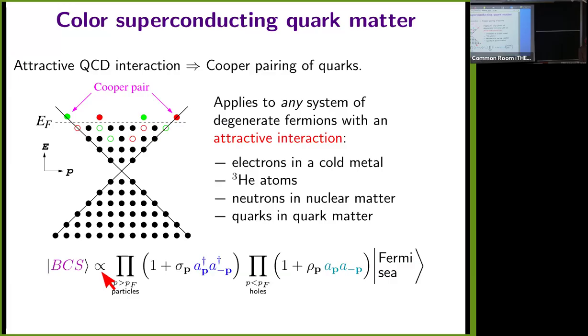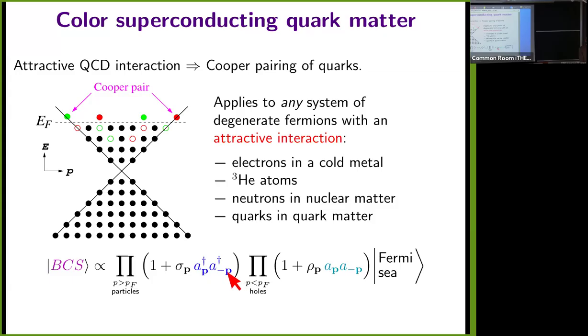And so, as I discussed last time, you get a BCS state, which is the favored state thanks to the attractive interaction, where in each momentum mode above the Fermi surface, you have some amplitude to make a Cooper pair of quarks with equal and opposite momentum. And in each momentum state below the Fermi surface, you have some amplitude to make a Cooper pair of holes with equal and opposite momentum.